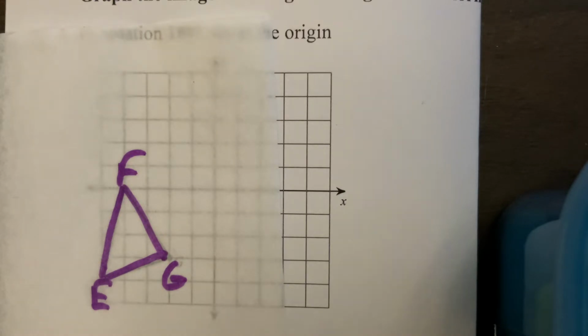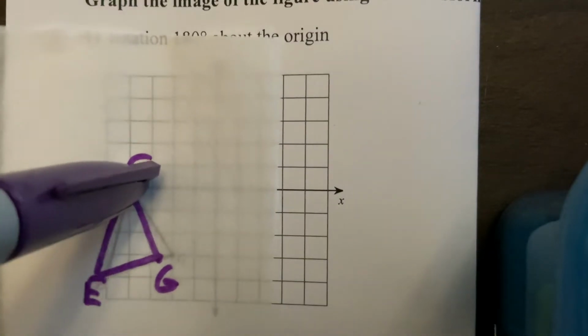All right. The type of rotation you did a few days ago was a rotation around a coordinate that was on the triangle. For example, maybe we rotated it around point F, which means that F stays put and the rest of it rotates around.